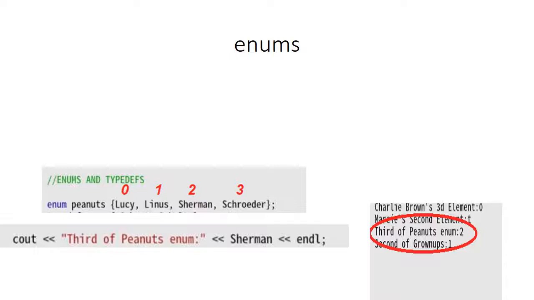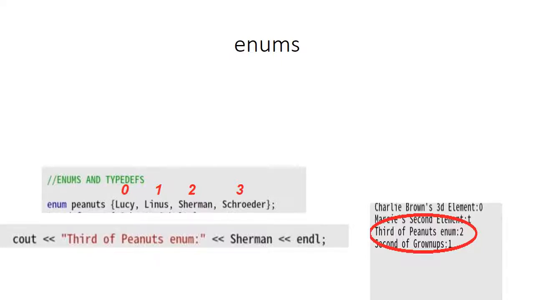Now, this is a little more complex because I've told the computer to print out the variable name Sherman, and it prints out a 2. It prints out a 2 because that's the index value of Sherman.